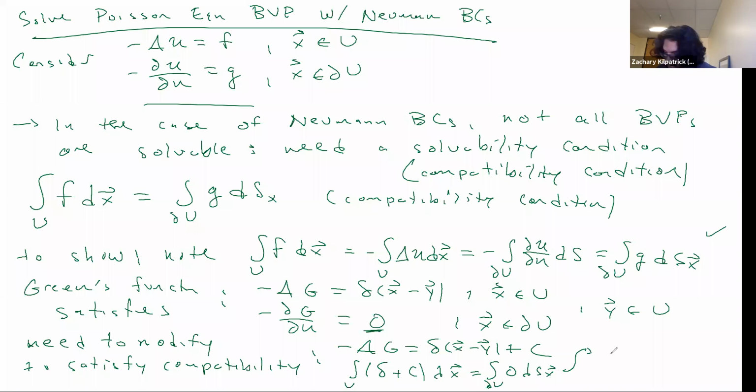So that means that we're left with C, this free constant, is equal to -1 over the volume, the size of our volume, basically the volume of our open bounded set in this case. Okay, so |U| is the volume of U. Okay.